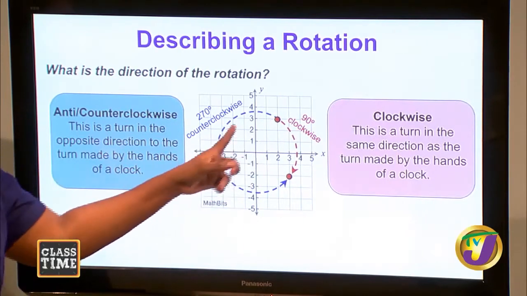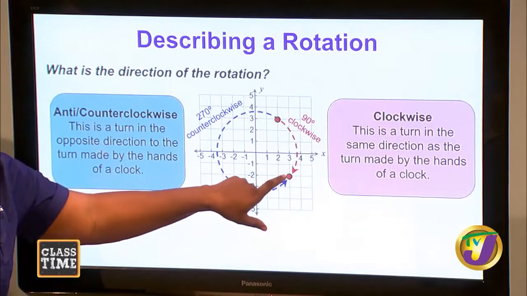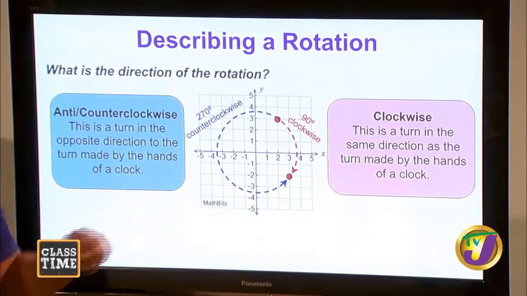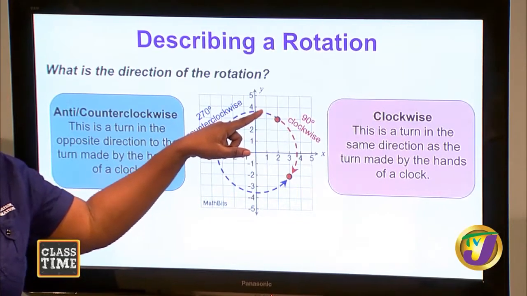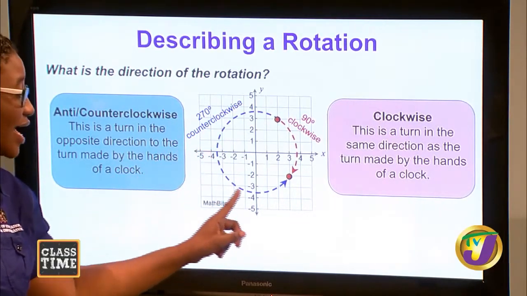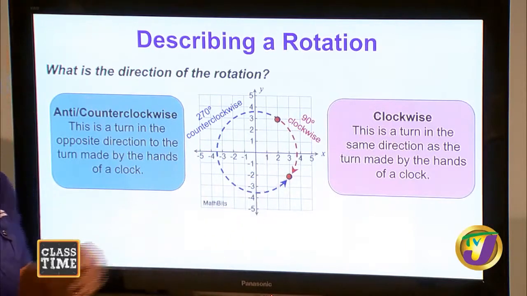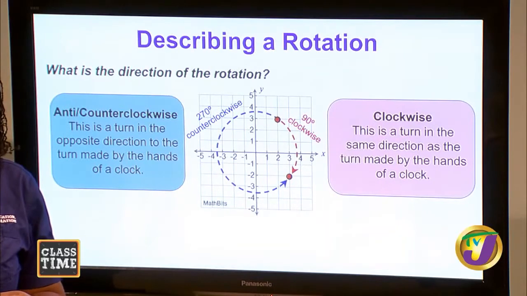I'm noticing that it's rotated 90 degrees clockwise and ends up right here. And if it was rotated 270 degrees counter or anti-clockwise, it ended up right here. So it looks like it ended up at the same place.